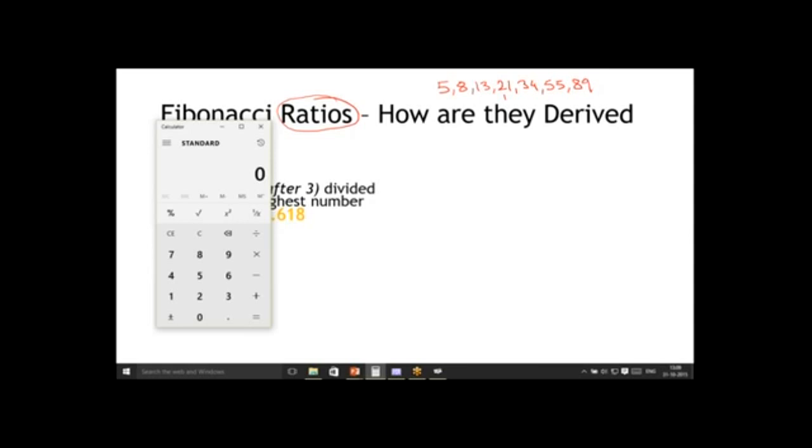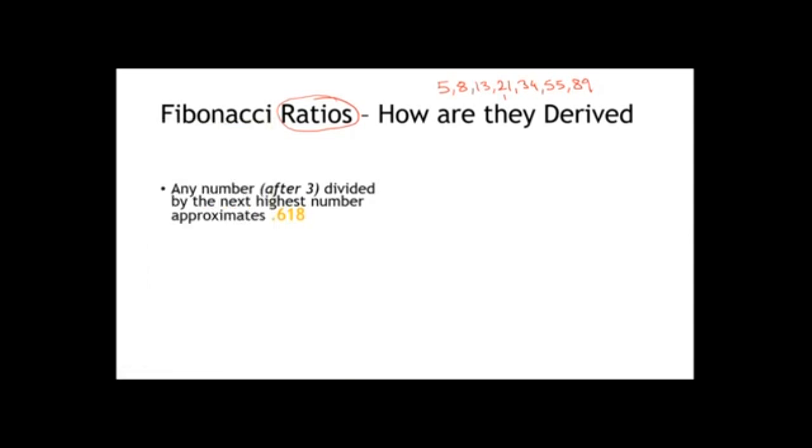So the point is, if I take any number in the series, preferably after 5 and 3, and divide that number by the next higher number, it approximates to 0.618.